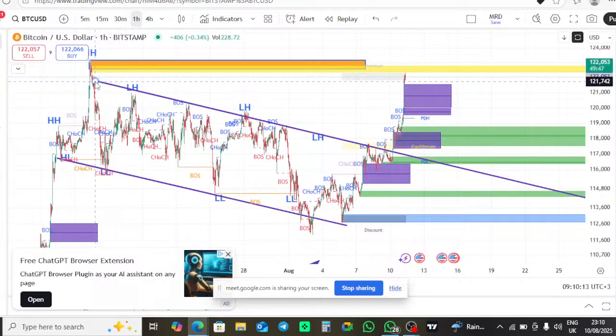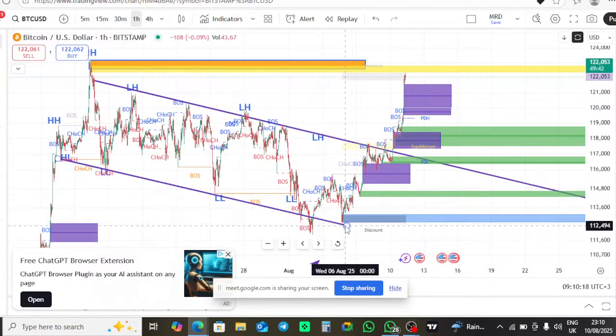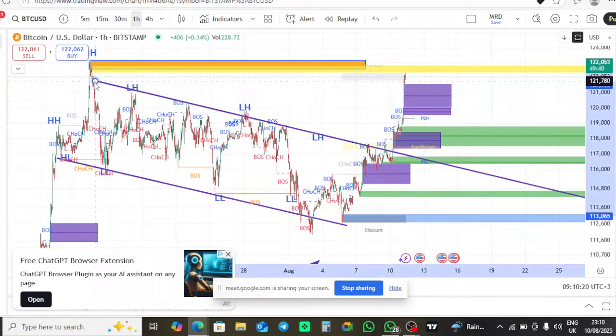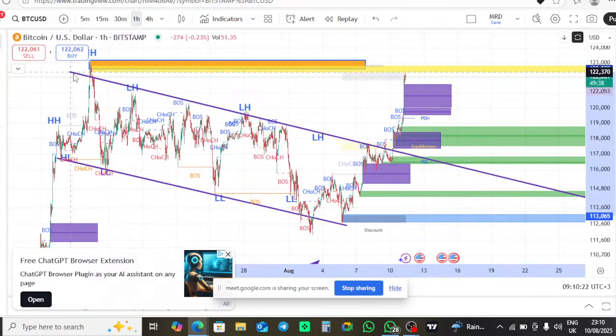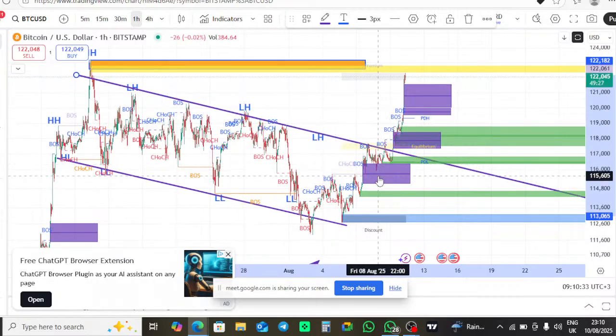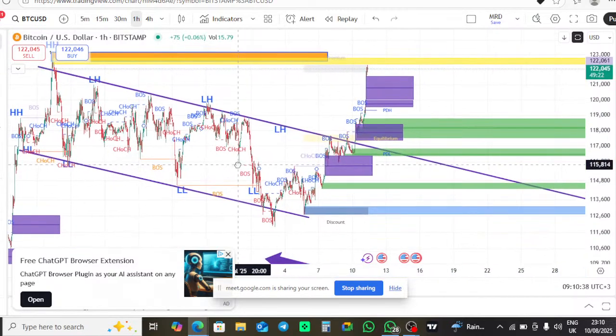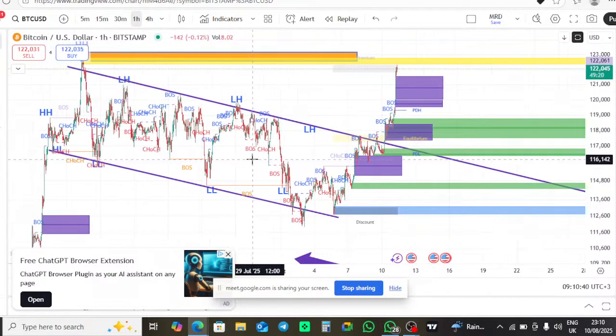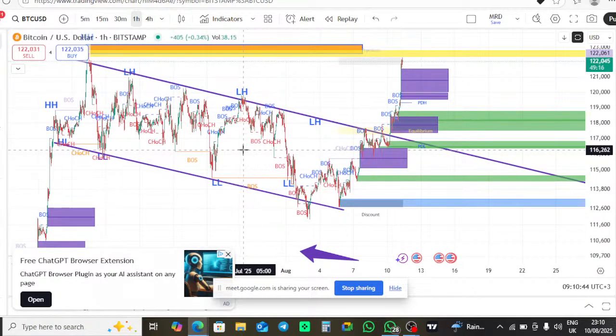But when you draw two of them, one at the bottom and one at the top, you can form a channel. So this channel will help us to know where the breakout will happen. Breakdown and breakout. Are we together?